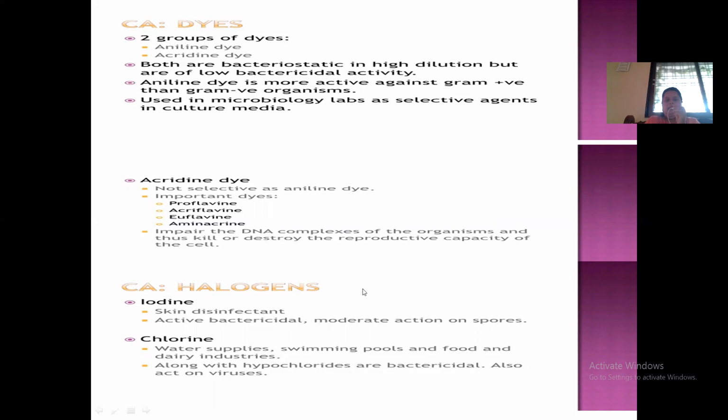Aniline dye is more active against gram positive than gram negative organisms. In the microbiological lab, it is used as a selective agent in the culture media, and it works on gram positive bacteria.